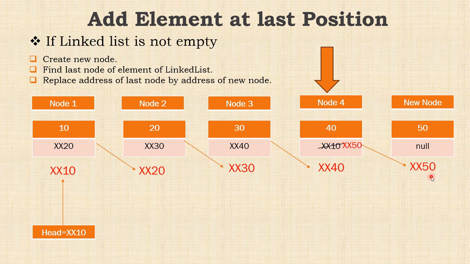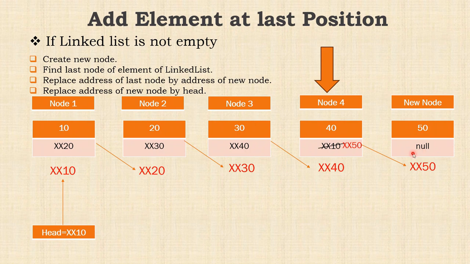Okay, so it's done. And then we'll do the second step, which is to replace the address of the new node by head. So this is the new node address, and this is the null we are getting by default. So we'll delete this, and at the place of null we'll provide the address of the first node, which is xx10. xx10 is available inside head.